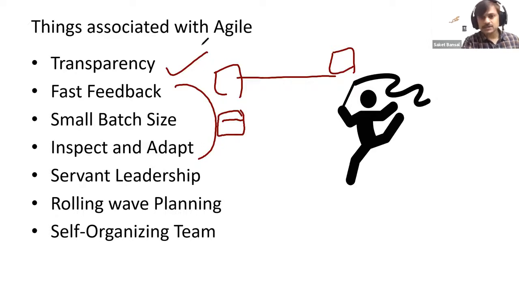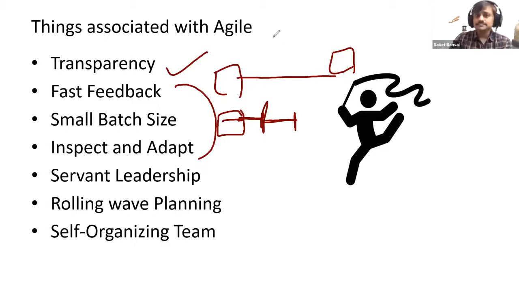And since I don't know the exact requirement, why don't I take the feedback more frequently so that I can fix it if something is not working out? That's the approach followed in the agile way of working, where we say fast feedback, small batch size, and inspect and adapt. So the whole idea is, continuously I need to inspect how I am doing, how my product is doing, and adapt, change the path based on what I learn from it.